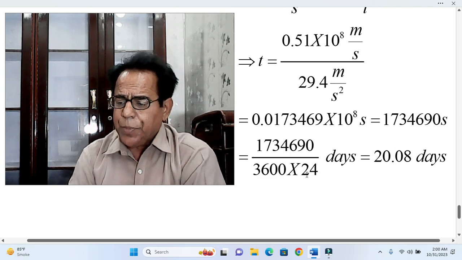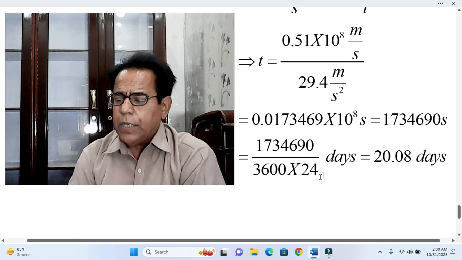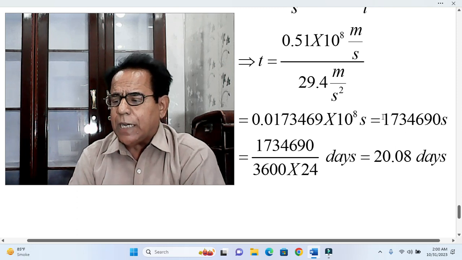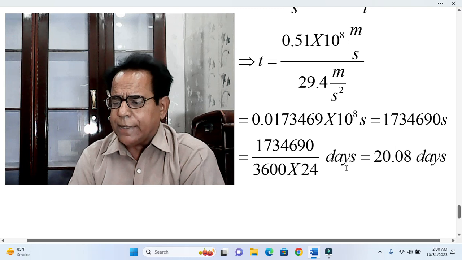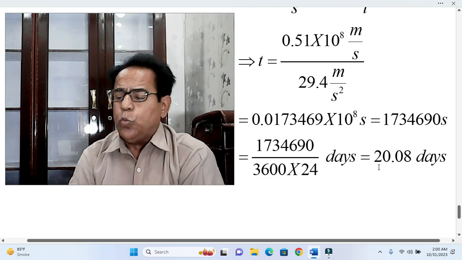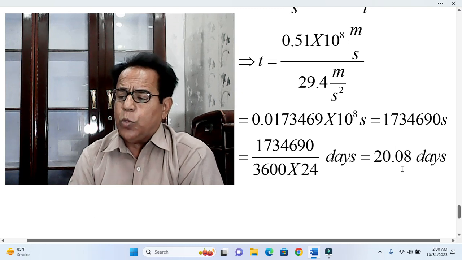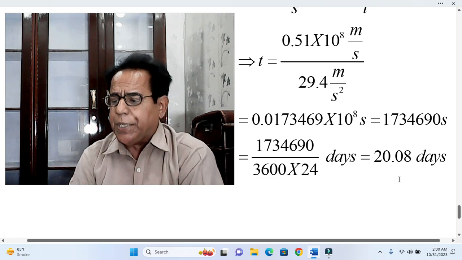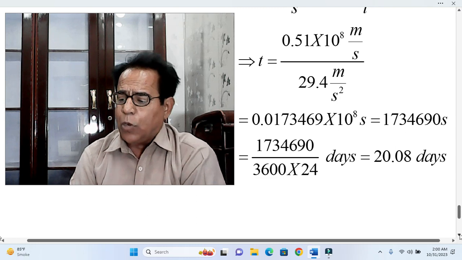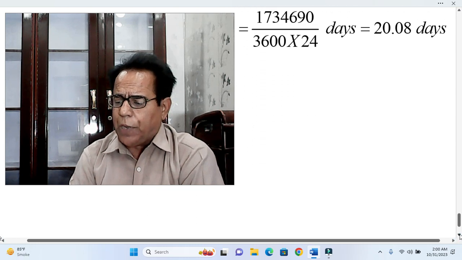Now we are dividing it by 24, so it means we are converting it into days. Okay, when we divide these seconds by this number, it is converted into days, and this is equal to 20.08 days. Okay, so time t has become equal to 20.08 days, which we had to find out, and this is the end of our problem.